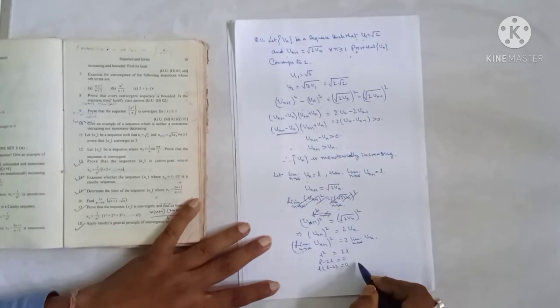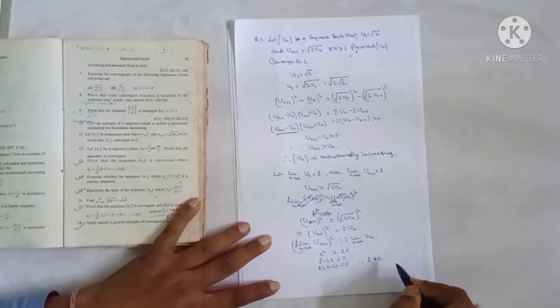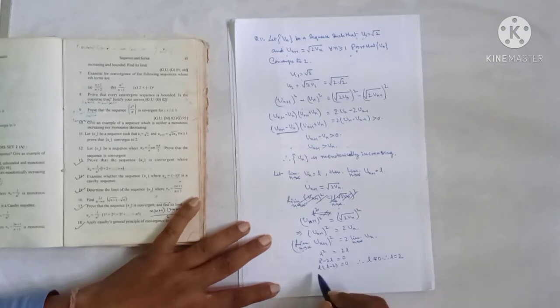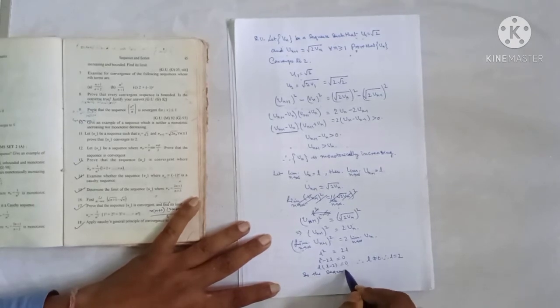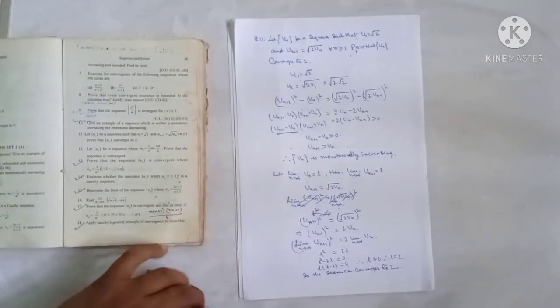Here L can never be equal to 0, therefore L is equal to 2. So the sequence converges to 2. This is your answer.